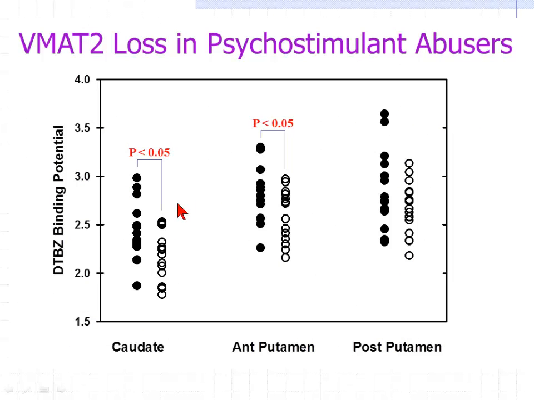And what we found is that in these psychostimulant drug abusers, but who had been abstinent in most cases for more than 2 years and some more than 10 years, is that they had a statistically significant loss of VMAT2 binding throughout their striatum, but kind of the opposite of Parkinson's disease. The largest reduction was seen in the caudate nucleus rather than in the putamen.